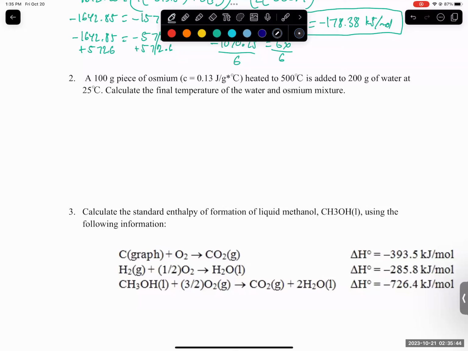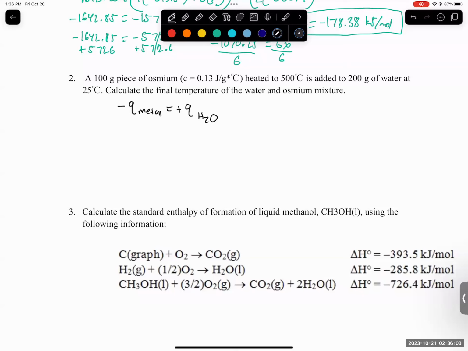So we know that the metal is going to lose heat, right? And that is equal to the heat gained by the water, right? But we don't know the heats, they didn't tell us anything about the heats. But what do we know that Q is equal to?